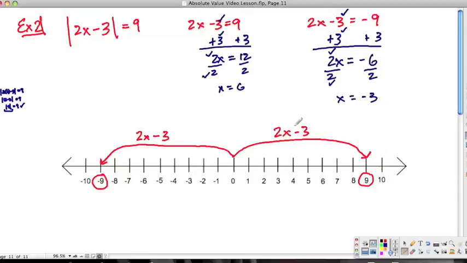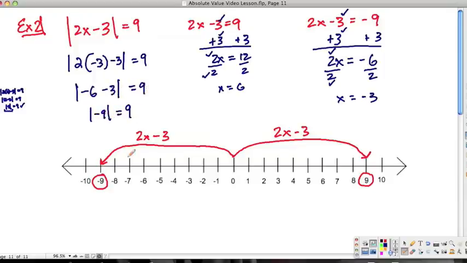So we're going to take negative 3 and plug that in. 2 times negative 3 is negative 6, minus 3 equals negative 9. So does the neighbor that lives at negative 9 Number Lane live 9 miles away from Eckert? Sure does. So that works. Absolutely. So our answers are x equals 6 and negative 3.